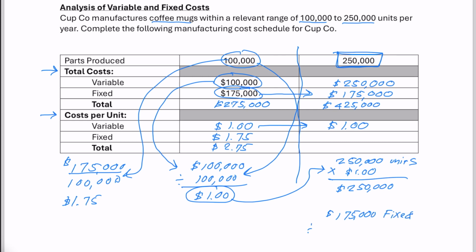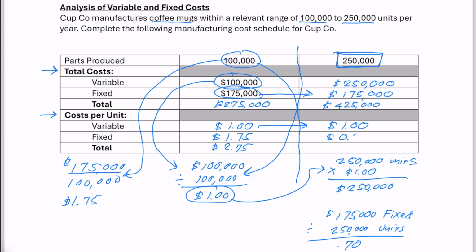And we will divide those by our total units produced, 250,000 units. And that's going to give us a cost per unit of 70 cents. That's a significant savings for this company.